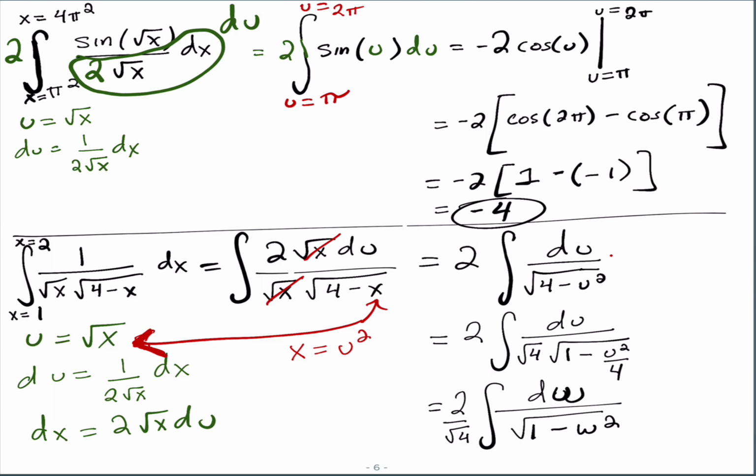So how am I going to get there? What's the substitution I need? W equals what? U over 2, right? So then what would dW equal? 1/2 du, right? So then du is equal to 2 dW, right?